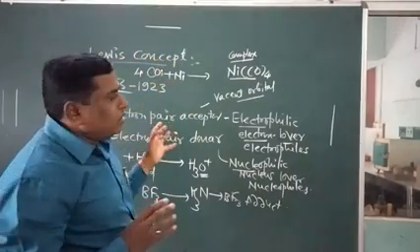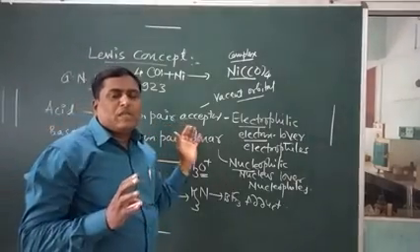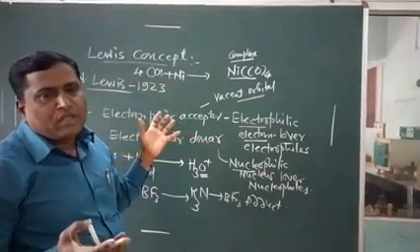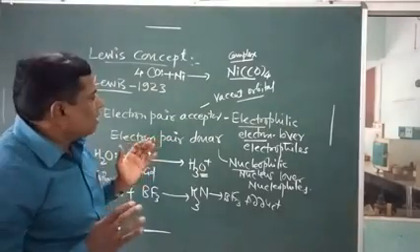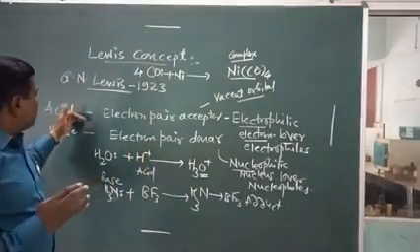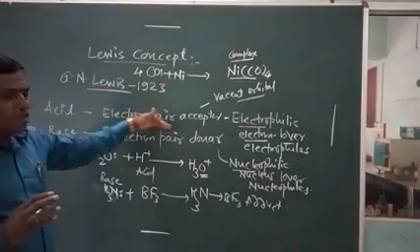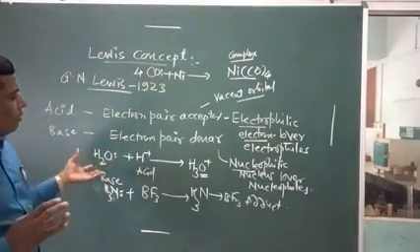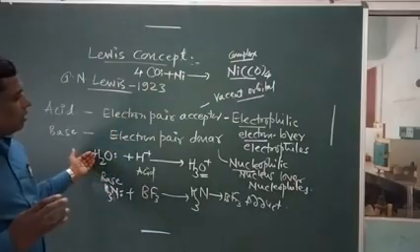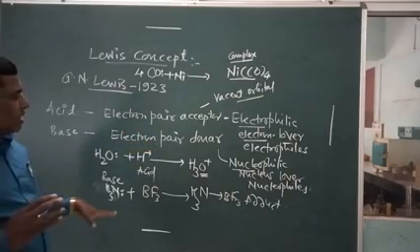In the Lewis concept, classification of acids and bases can also be taken, but the simple concept is this: acid is a substance, an electron pair acceptor; base is a substance, an electron pair donor. Again, in the neutralization process, formation of a coordinate bond takes place. How?